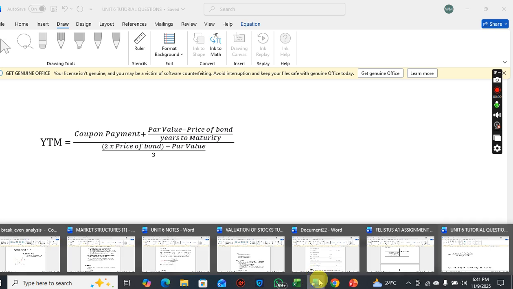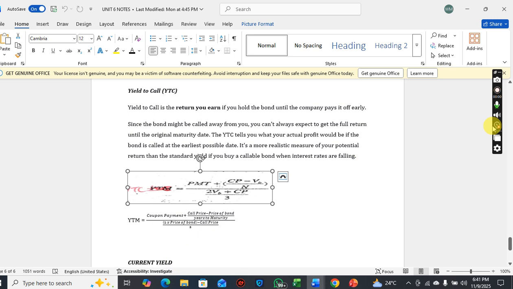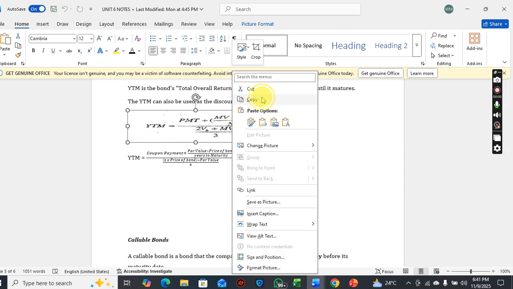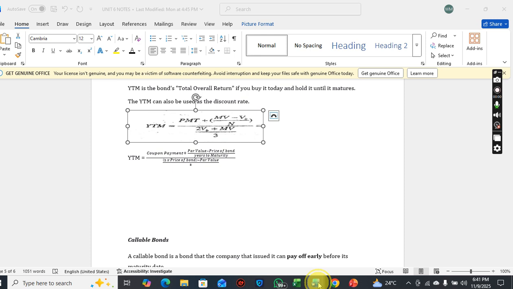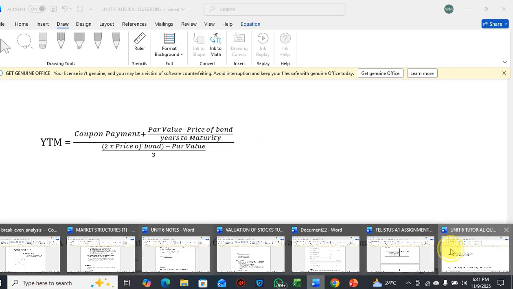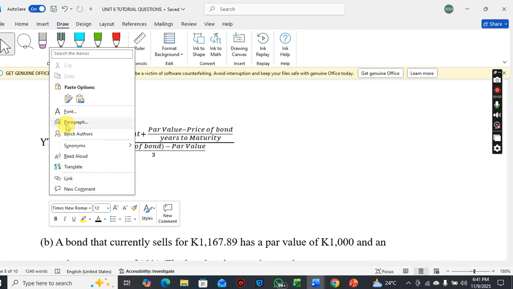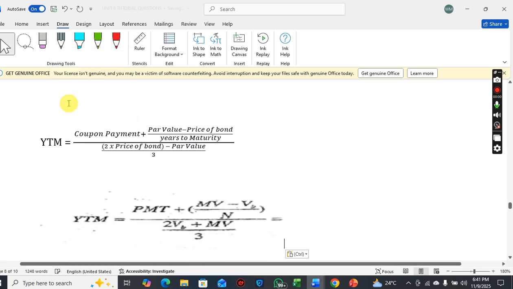Let me also show you how the formula looks in case you see it in the exam. PMT is the coupon payment.